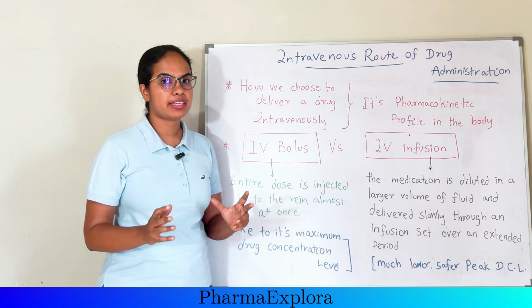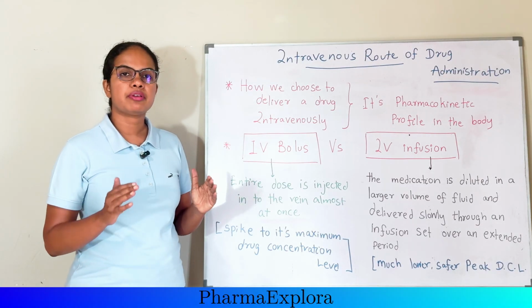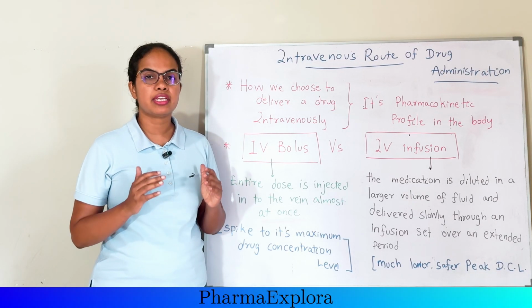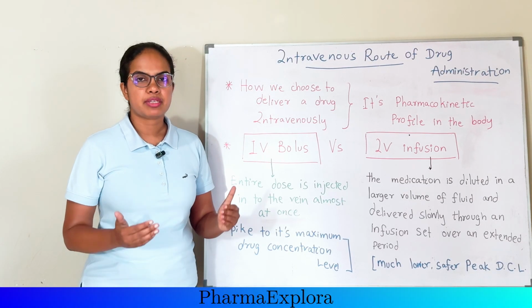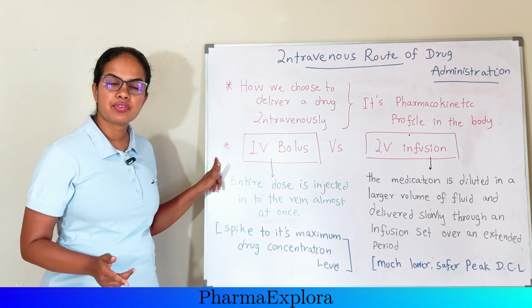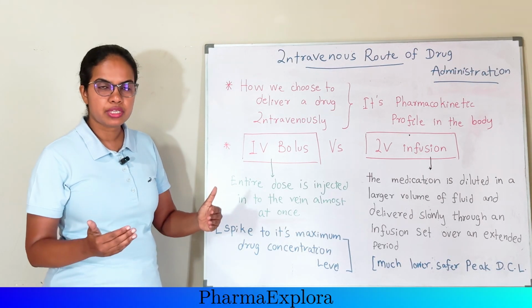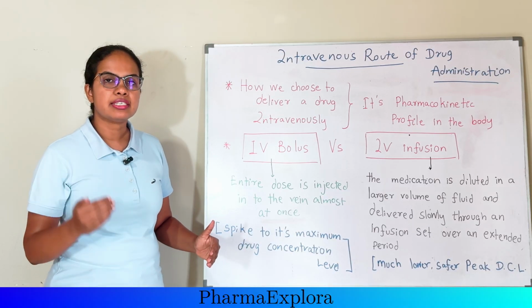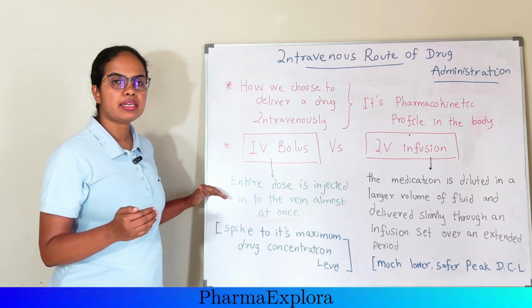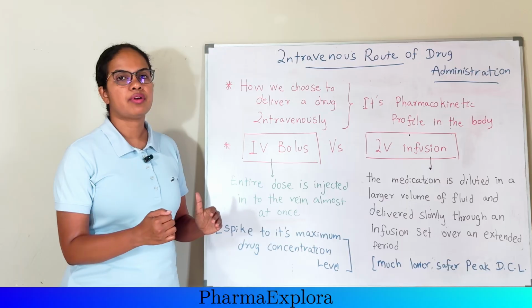Now, let me repeat it again. There are two methods of intravenous drug administration. The first one is IV bolus. In IV bolus, clinicians inject the entire dose of the medicine into a vein all at once.